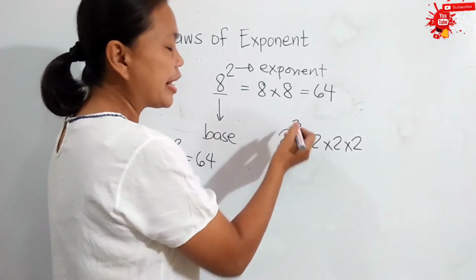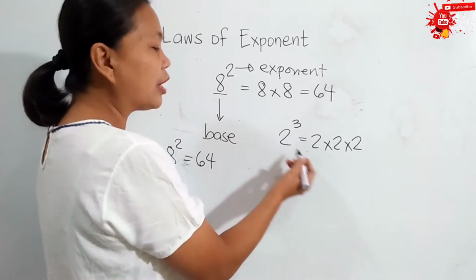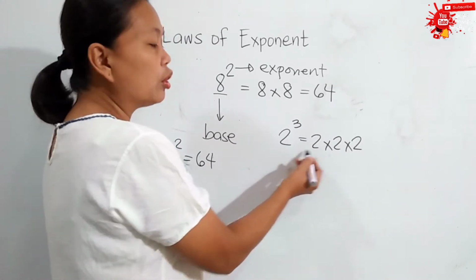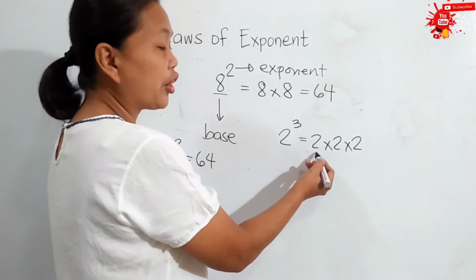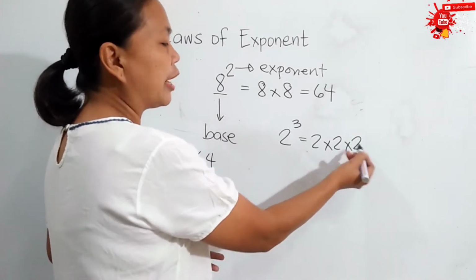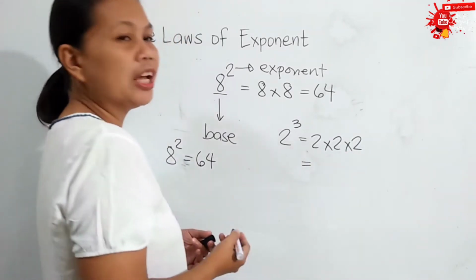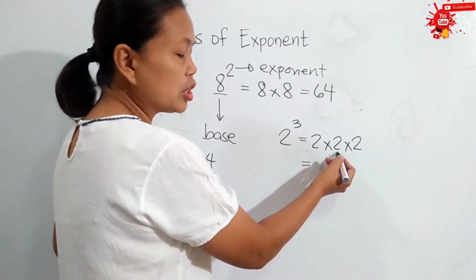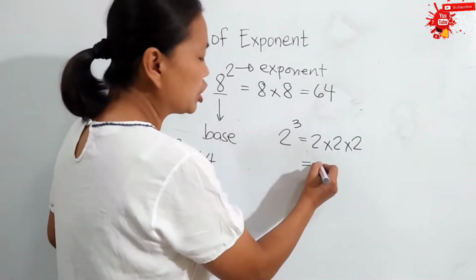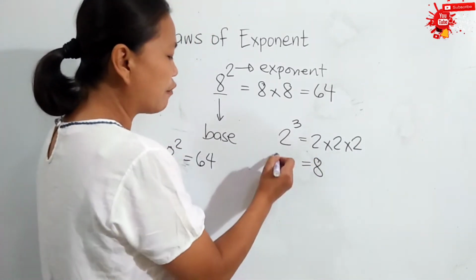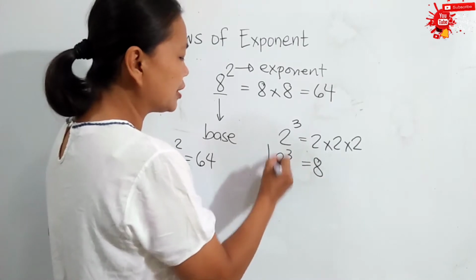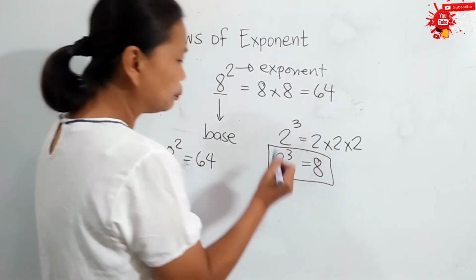We have 3 as an exponent, so we will multiply 2 to itself thrice, 3 times. So 2 times 2 times 2. And 2 cubed is equal to 2 times 2, which is 4, times 2, which is 8. So therefore, 2 cubed is equal to 8.